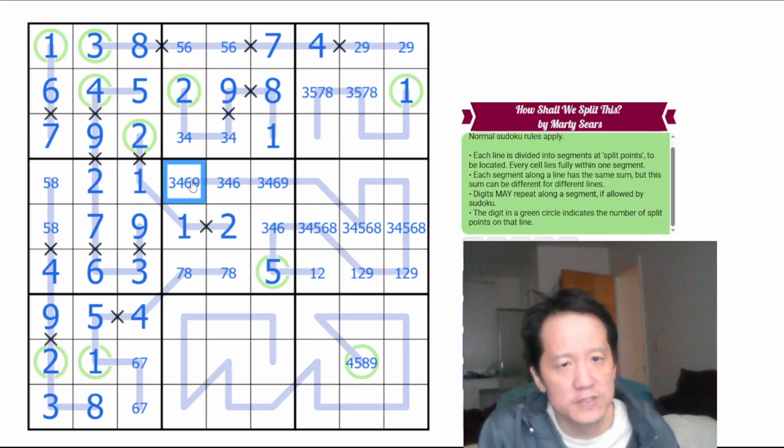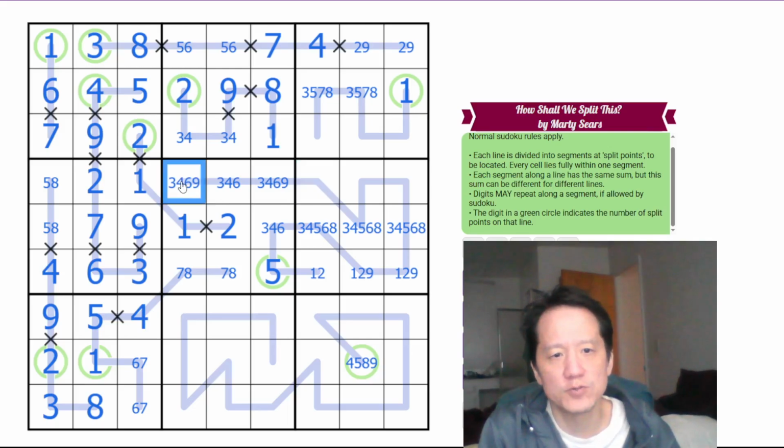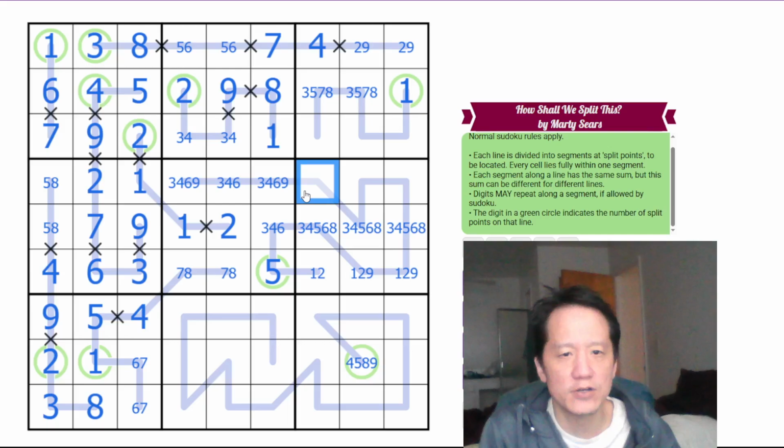So either this is 9, which forces this to be 3, or this is 9, which forces one of these two to be 3. Either way, this can never be 3, because if this were 3, a 9 could not add up with 3 to add up to 12. And there's no 1 or 2 here, so that doesn't work either. Same with this 9.